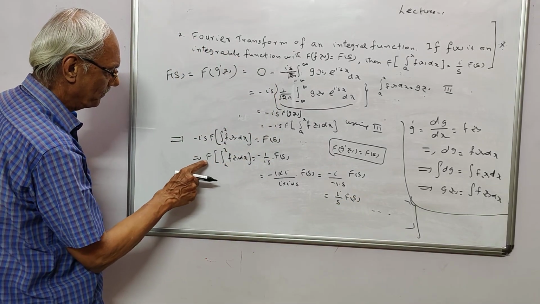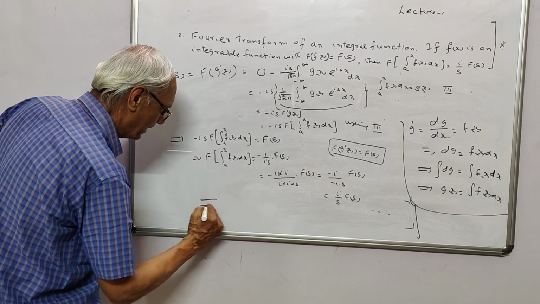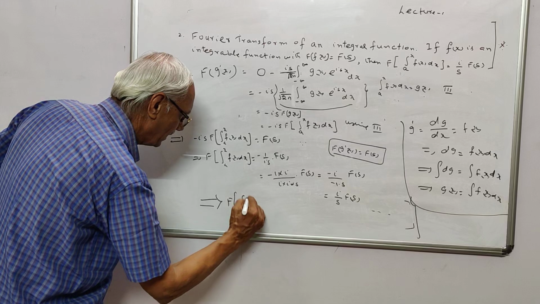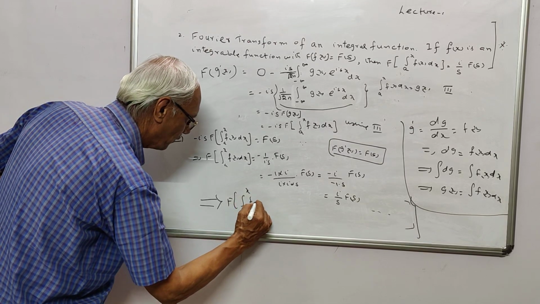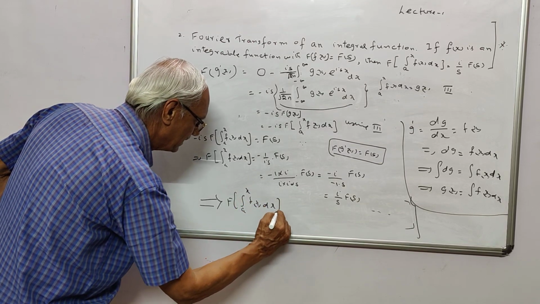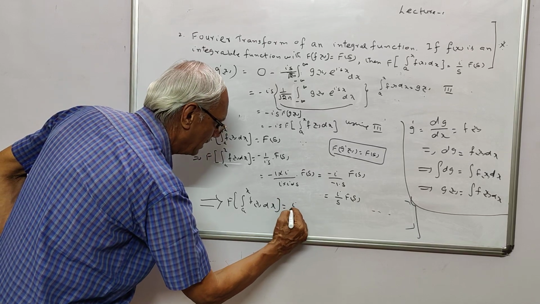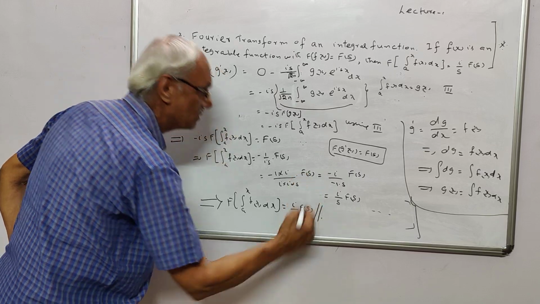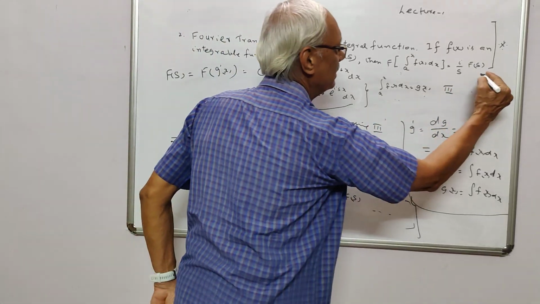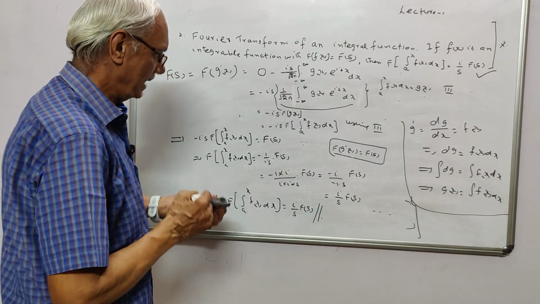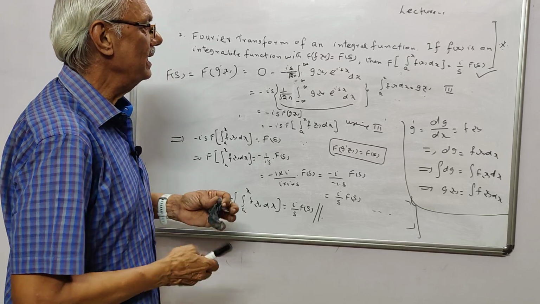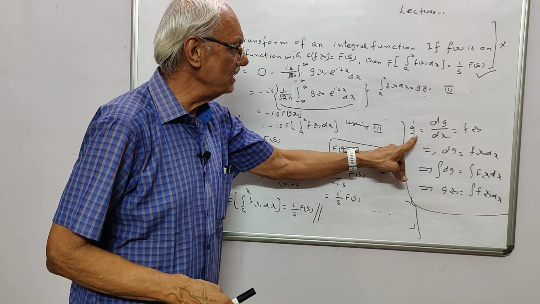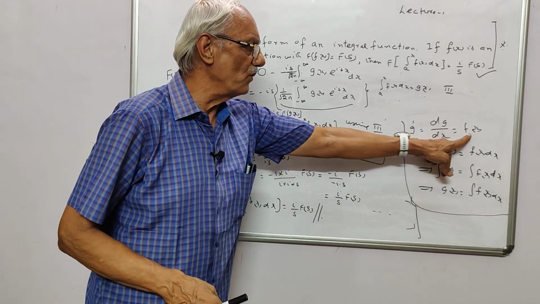So what is it that I am having? This implies F of integral of a to x f of x dx is equal to i by s into F of s. So that is what I have proved here. So here you must understand that when you take this as g, you see that your g dash is equal to f of x.